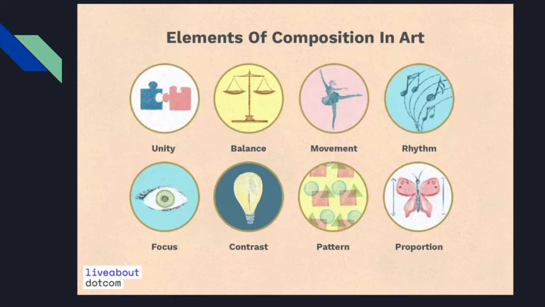And if you've noticed, a lot of these words are used in all the other arts that you may do, whether it's balance and movement, rhythm in music, movement in dance, focus could be in many different things in writing. Contrast also could be in writing. Pattern could be in many different things. Proportion tends to be the one that's usually in visual arts. But these are all words that can be used to reference many different types of art forms.